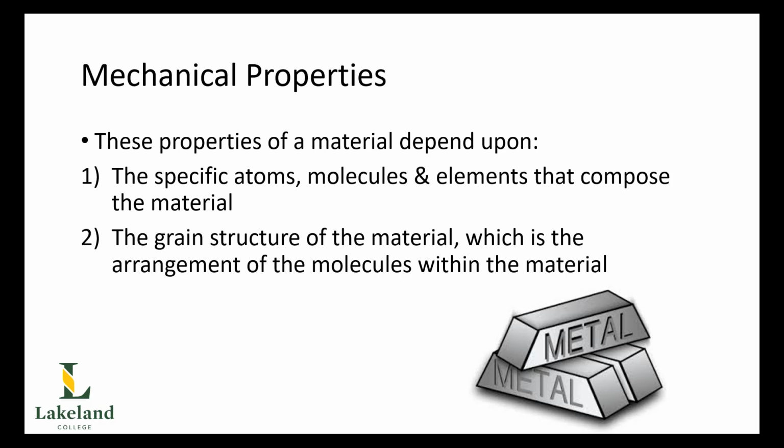And then finally, for number 2, the grain structure of the material, which is the arrangement of the molecules within the material. And the grain structure of a metal, for example, is very similar in look to the grain structure of wood. So the grain has a lot to do with the mechanical properties of any material.